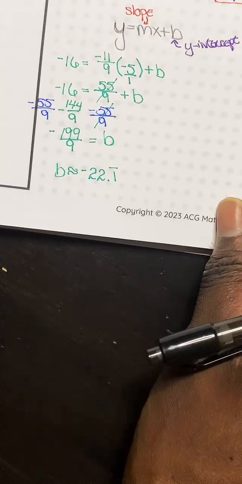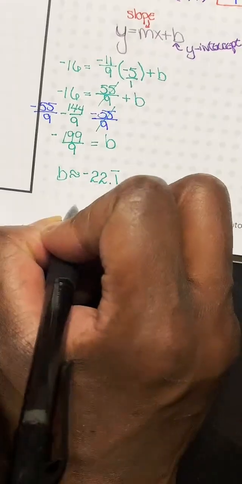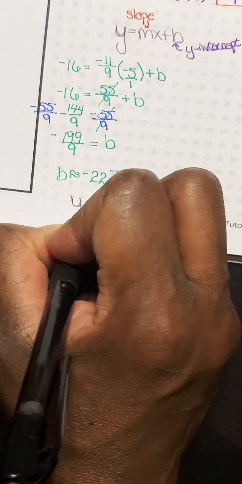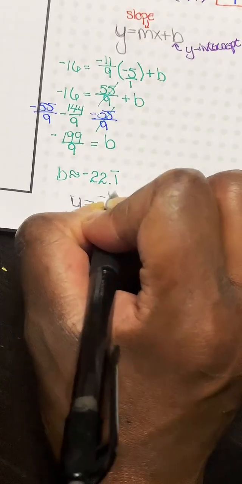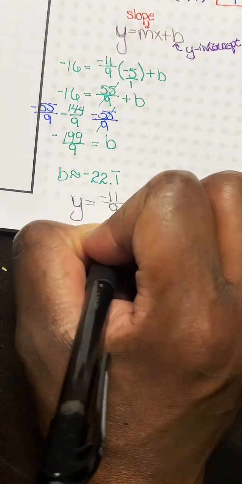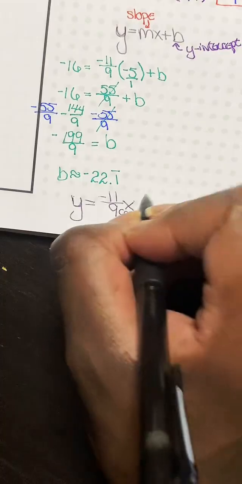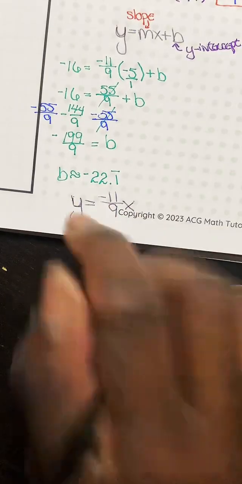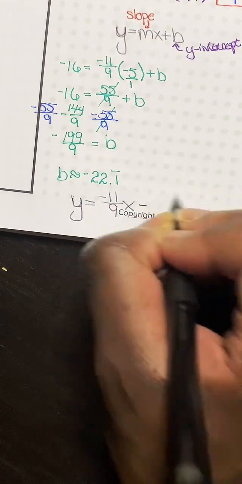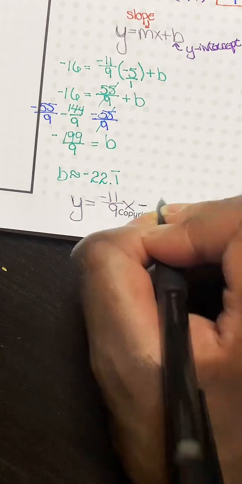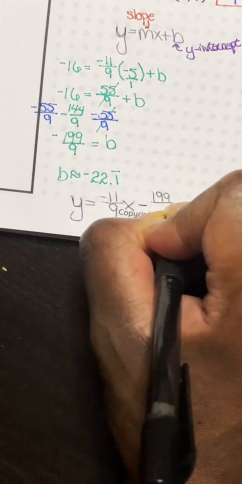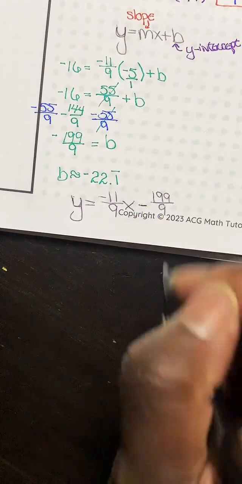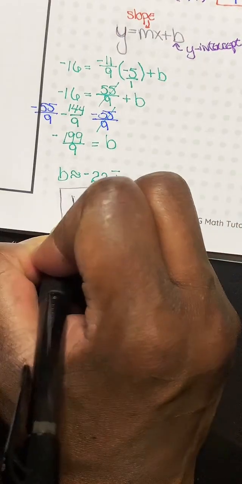So our equation is going to be y equals my slope, which is negative 11 ninths, x, and then my y-intercept, which is negative 199 ninths. You can leave it as a fraction, or you can put the decimal in there.